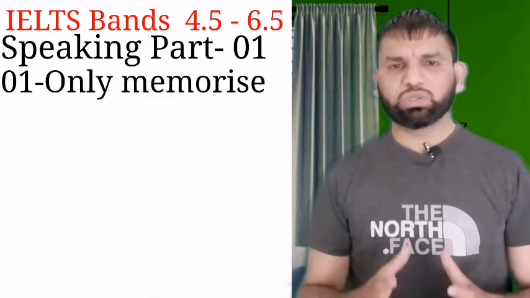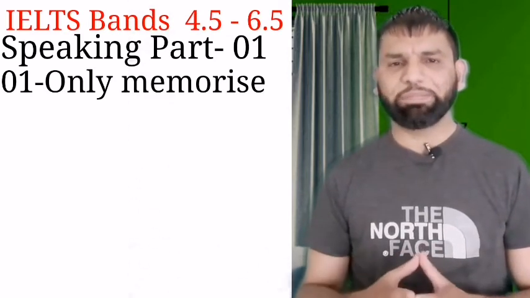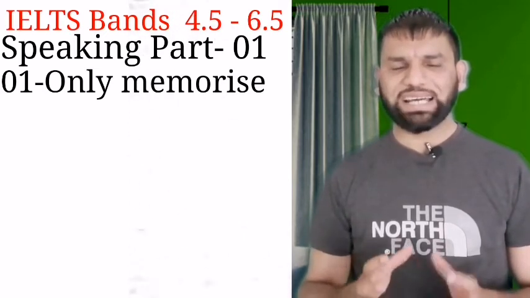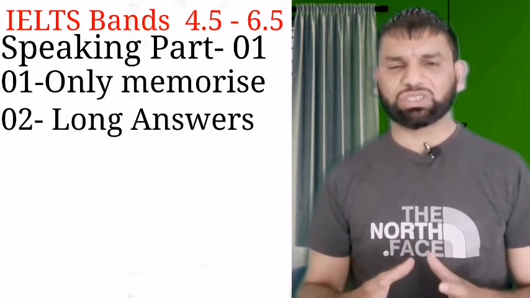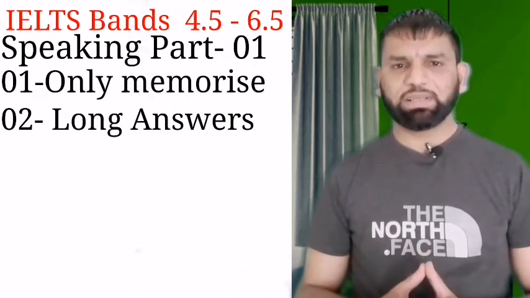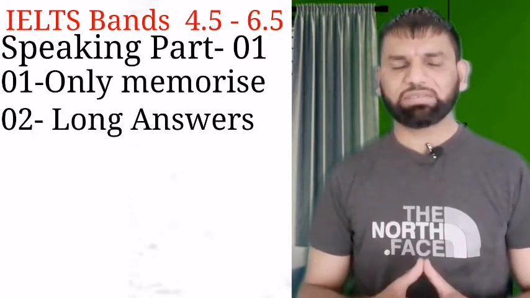Secondly, the students who take 4.5 to 6.5 bands try to give long answers to the questions in Part 1. For example, if they were asked, how many family members do you have?